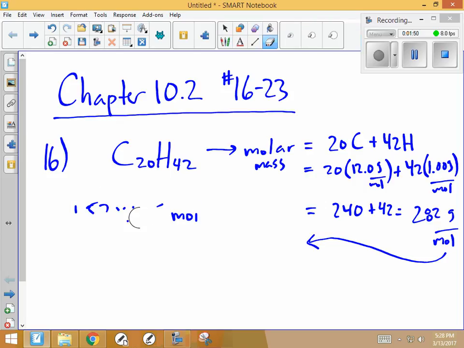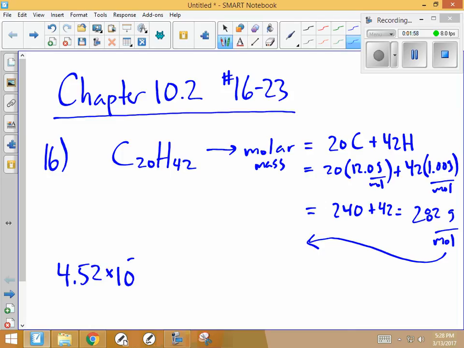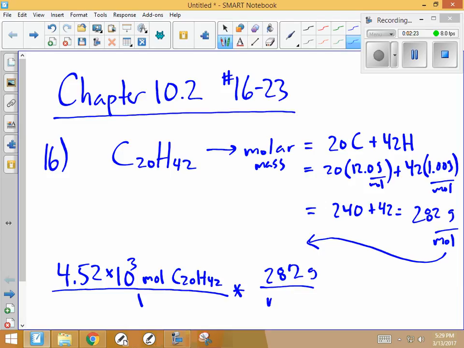Now, we're going to be using this over here somewhere. Let me rewrite this a little bit lower. 4.52 times 10 to the negative 3 moles of C20H42. Put it over 1 because we're going to be using conversion factors. Makes it easier to work with. This compound weighs 282 grams per 1 mole.